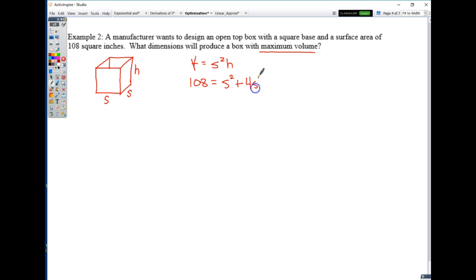Or I like to put 4SH because then it gets to be Forsh. Just sounds cool. Now, for those of you who didn't catch that, you have one base, which is S squared, and then I have 4 different sides, and every single one of those is going to be S times H, so 4 times S, H.